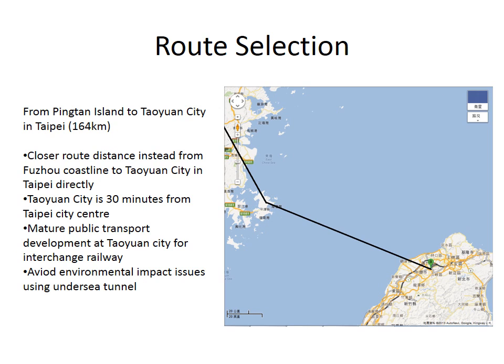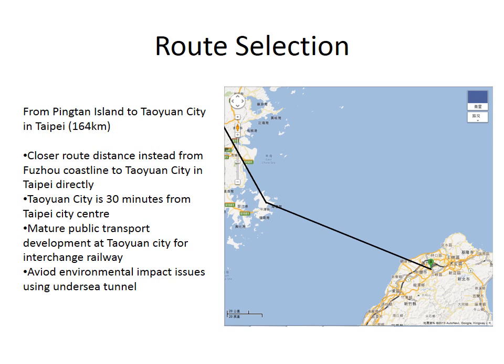Once we get past Pingtan Island, we need to head towards Taoyuan city in Taipei, which is 164 kilometers. This is a closer route we chose because we can get from the coastline to Taoyuan city in Taipei directly.